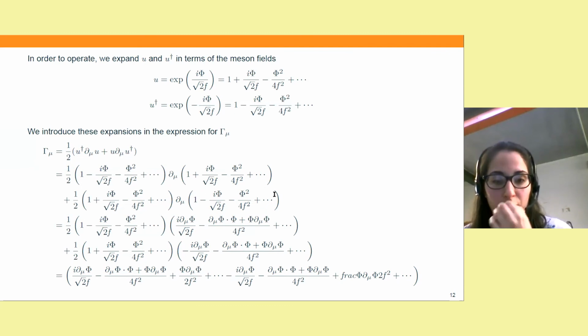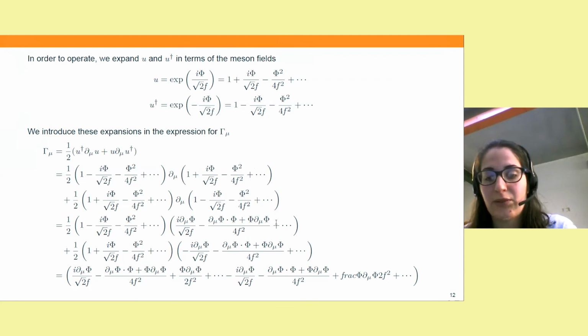And now we have to remember that these fields don't commute with each other. So when we take the derivatives, we have to keep in mind that the derivative of this term here, for example, is the derivative of the first field times the second field, plus the first field, not derived, times the derivative of the second field.